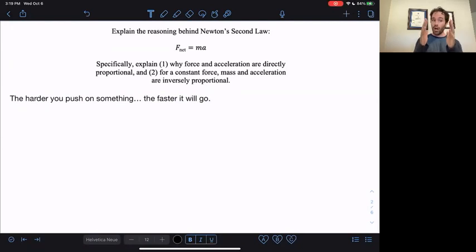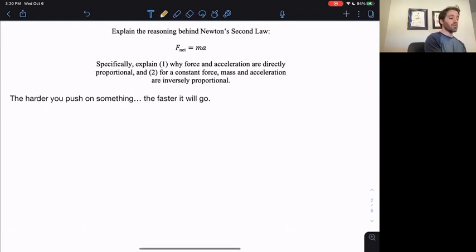If you have an object of a certain set mass, like 10 kilograms, and you push on it with a certain force, the harder you push, like say that you double that force, it makes sense that the quickness with which the thing moves will double. So the harder you push on something, the faster it will go. That is the concept of force and acceleration being directly proportional.